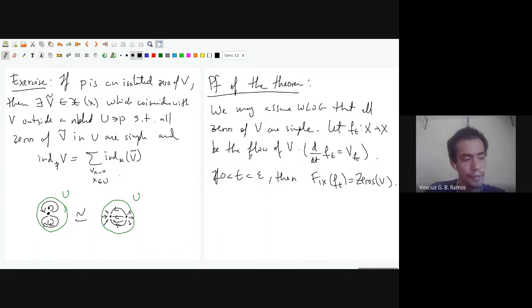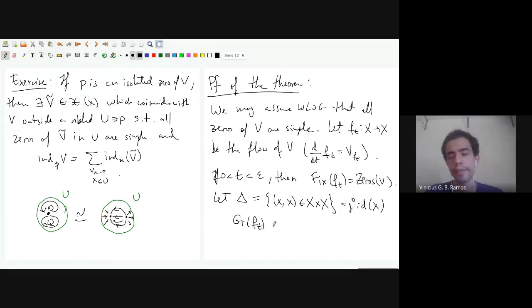So now if you let Delta be the diagonal, so this is (x, x) in X times X. If you want, this is the image of the zeroth jet of the identity map. And you can also define the graph to be, I think you know what this is. It's just the image of the zeroth jet of the function f.